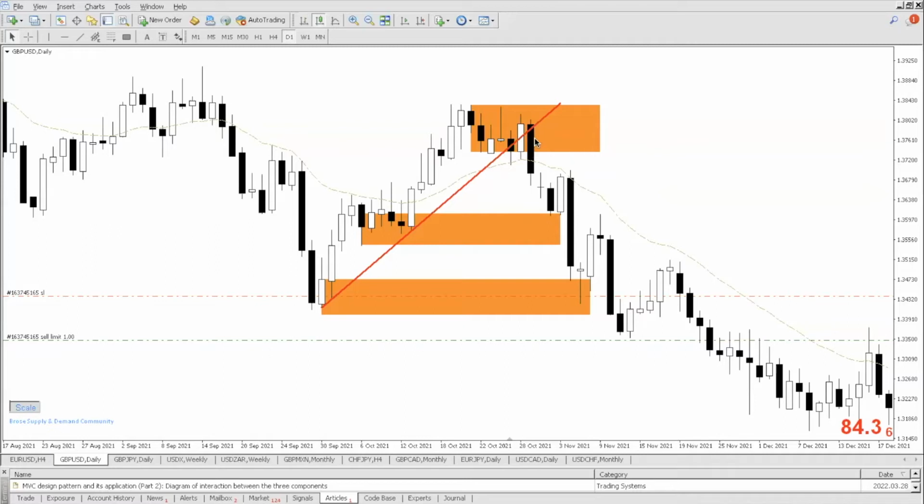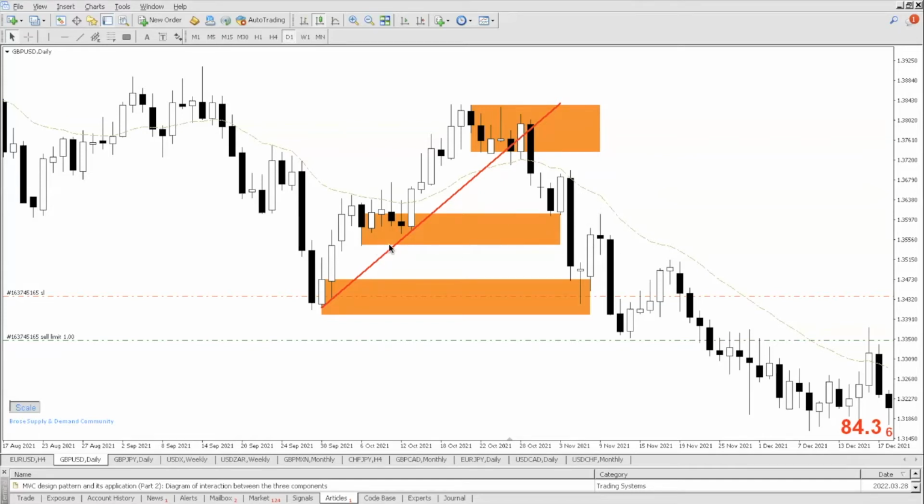Price reacted, and the reason you wouldn't buy here is that when the trend line was crossed, it's a sign that I might be changing direction. It's a sign the pair is telling you we are now starting to go down. So the trend line was crossed, and it touched this weak demand. Actually, this was a weak demand. And then it took it out.